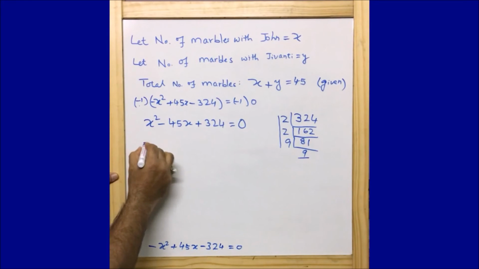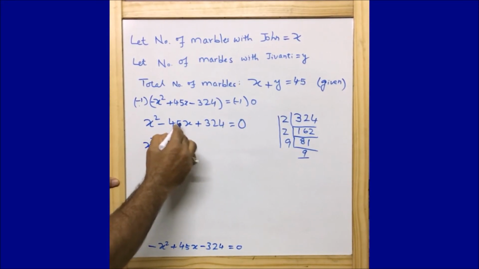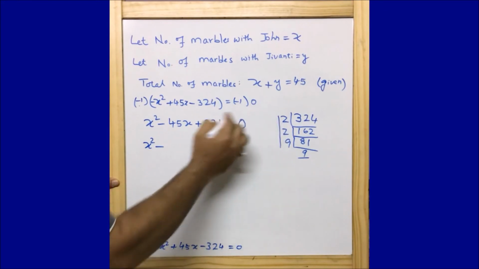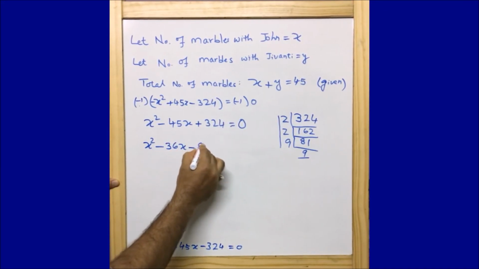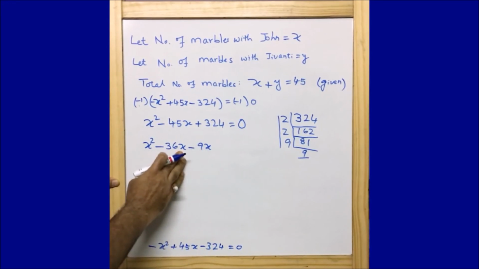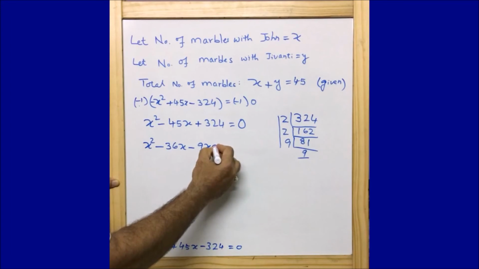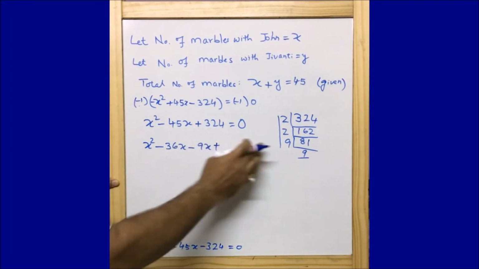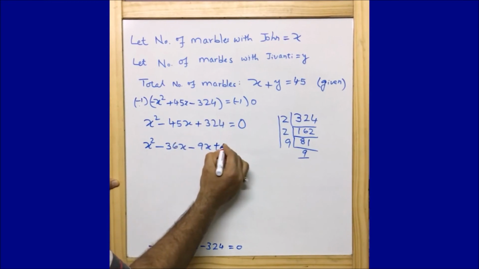So what I will do, x square minus, and our resultant is minus, so I will write minus 36x minus 9x, because minus 36x minus 9x is nothing but minus 45x, plus, and minus 36 into minus 9 will give plus 324.